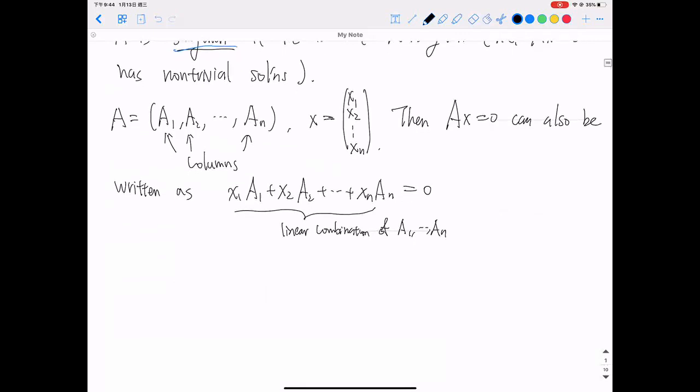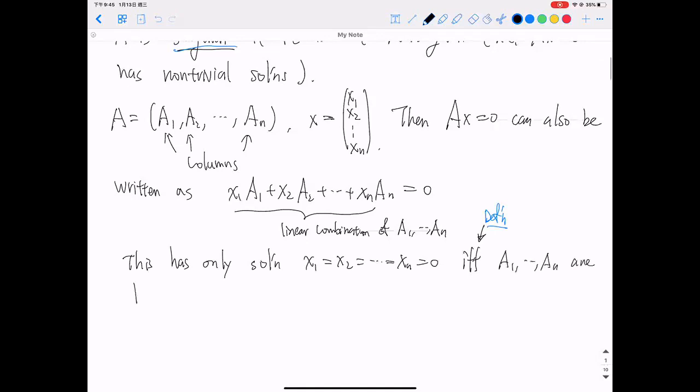Now, this has only the solution x1 equaling x2 equaling all the way to 0 if and only if, by definition, the vectors a1 through an are linearly independent.